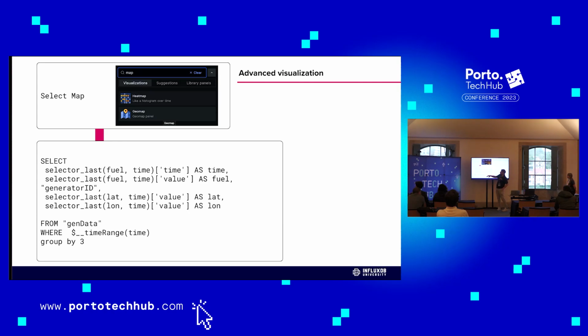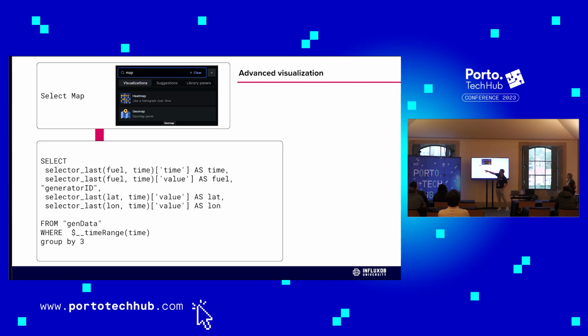So we have this query here, which looks quite a lot to comprehend. But really, using this command select to last, I want you to give me the last time and the last value for the field fuel.